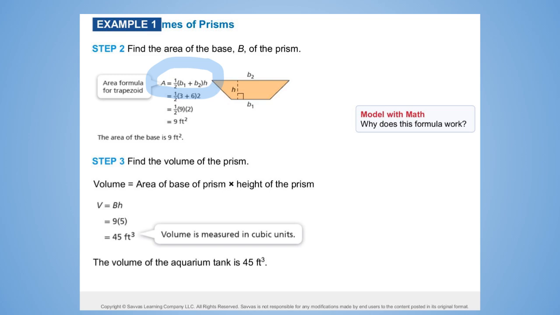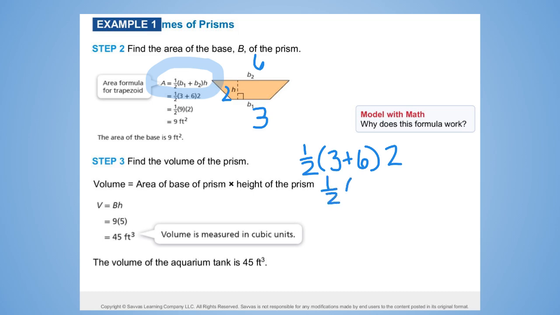So in this case, base number 1 was 3, base number 2 was 6, and the height is 2. So if I follow my formula, I'm going to add my two bases, 3 plus 6. I'm going to take half of that, and multiply all of that by the height of 2.